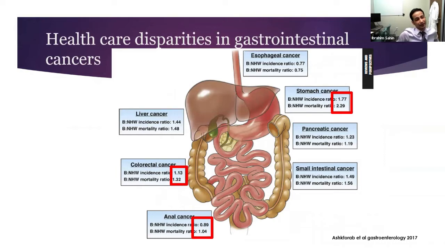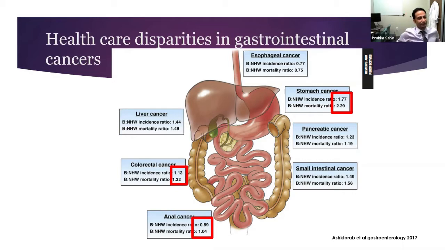For example, gastric cancer: interestingly, the incidence is higher in the Black community compared to the white community, but more importantly, it's not only the incidence rate but also the mortality rate, meaning how deadly the disease is in that subgroup. Although the incidence rate is higher, the more dramatic increase is in the mortality rate. That's true for gastric cancer, stomach cancer, and the same for colorectal cancer.